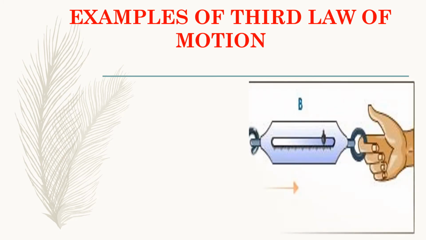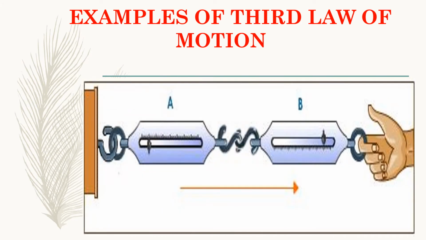Now let us consider two spring balances connected together as shown in the image, and the other end of spring balance A is fixed to a rigid support like a wall. Now pull the free end of spring balance B. It is observed that both the spring balances show the same reading on their scales.